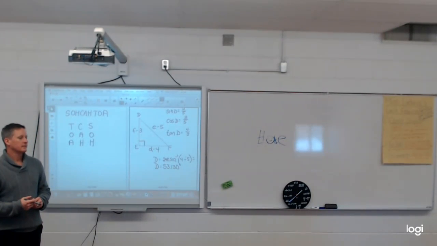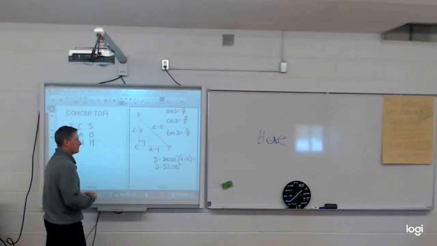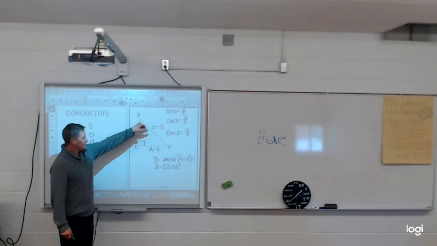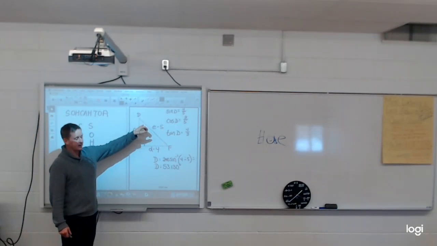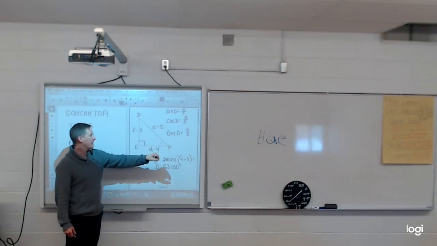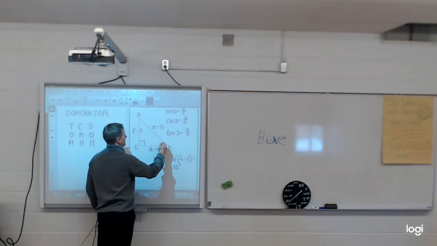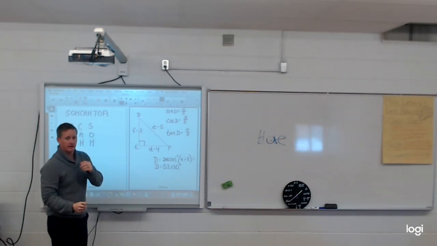I can't remember the decimal. 36.87. How? Because if this is 53.13, and this is 90, then you have to subtract those from 180 to get that value right there, correct? Yes. Okay, so that's what we think it's going to be, right?